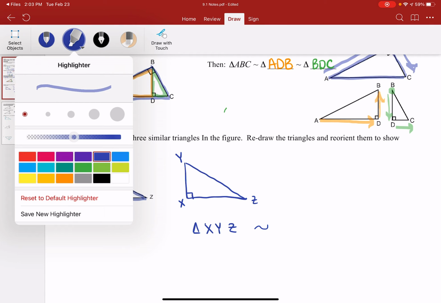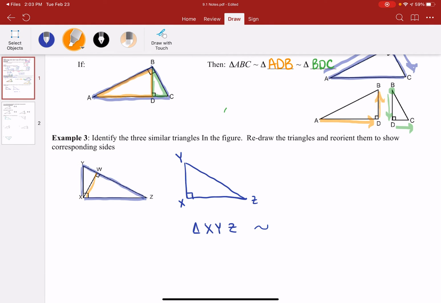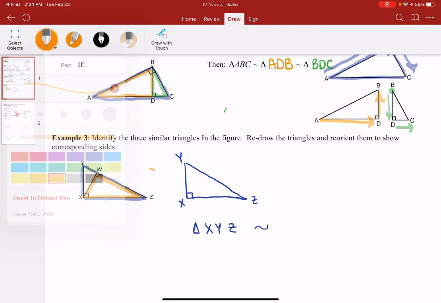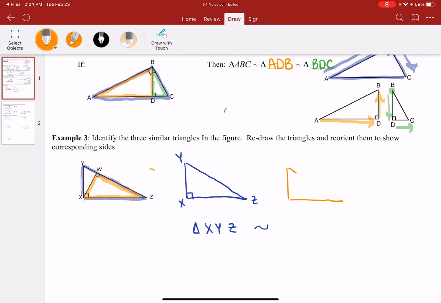And now I want to look at my medium-sized triangle. That's right here. It has vertices of X, Z, and W. But I have to figure out the appropriate way to write this. Now this is kind of flipped upside down. So we're going to flip it around so it's facing the same way as my first triangle. So like this.